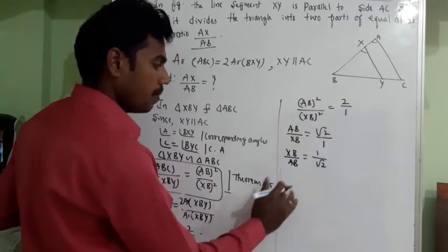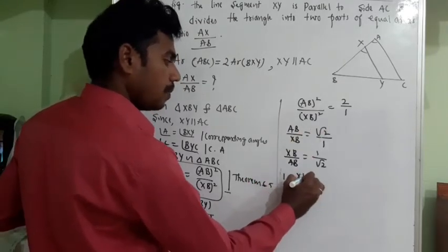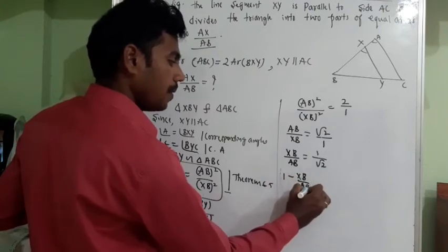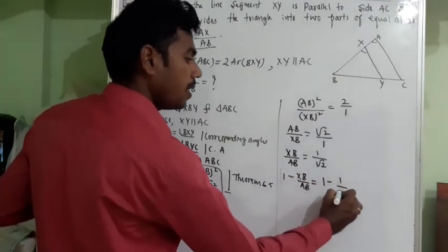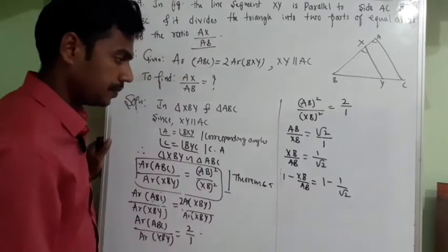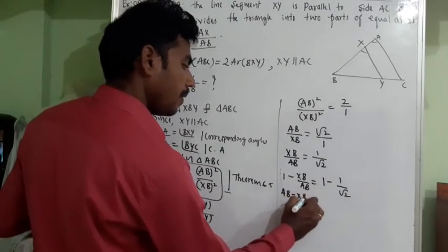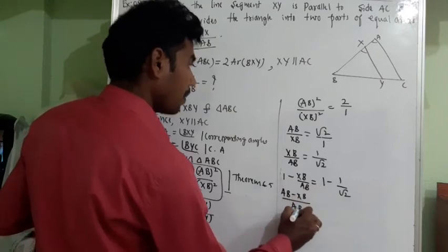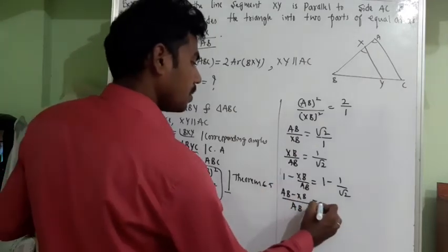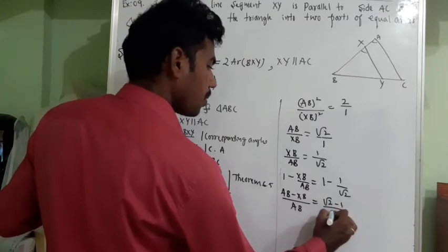That is 1 minus XB divided by AB is equal to 1 minus 1 by root 2. Fine. Or else AB minus XB divided by AB, which is equal to root 2 minus 1 divided by root 2.